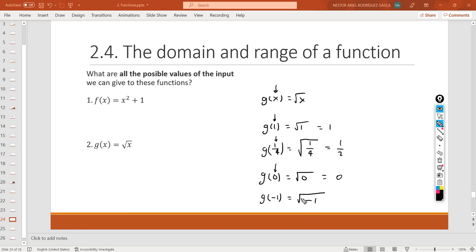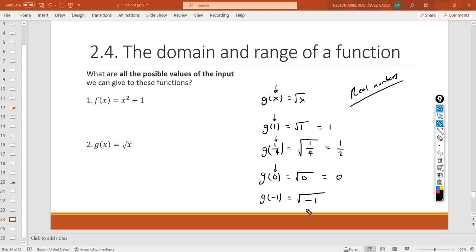I mean, yeah, in upper classes or mathematical levels, you can define the symbol, but at this moment, since we are working with real numbers only, this is the set of numbers that we use in high school, this has no meaning, because we cannot find any real number whose square root is -1.